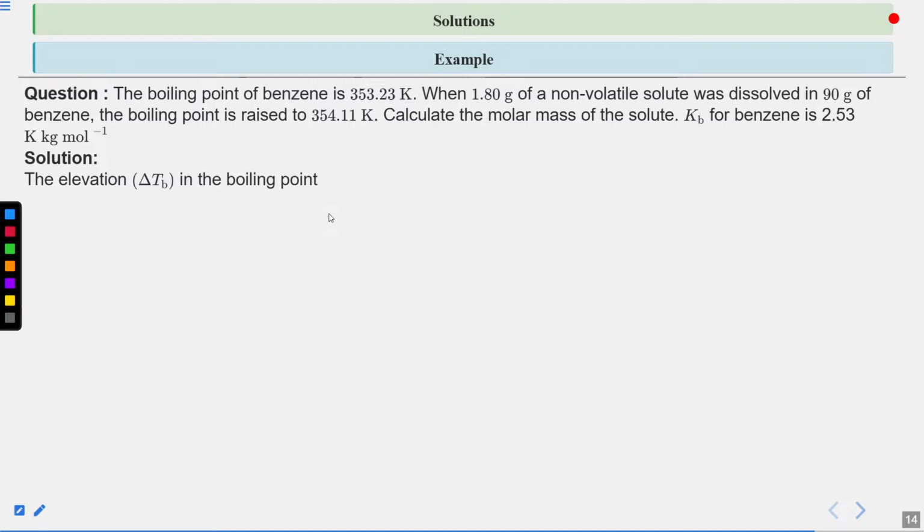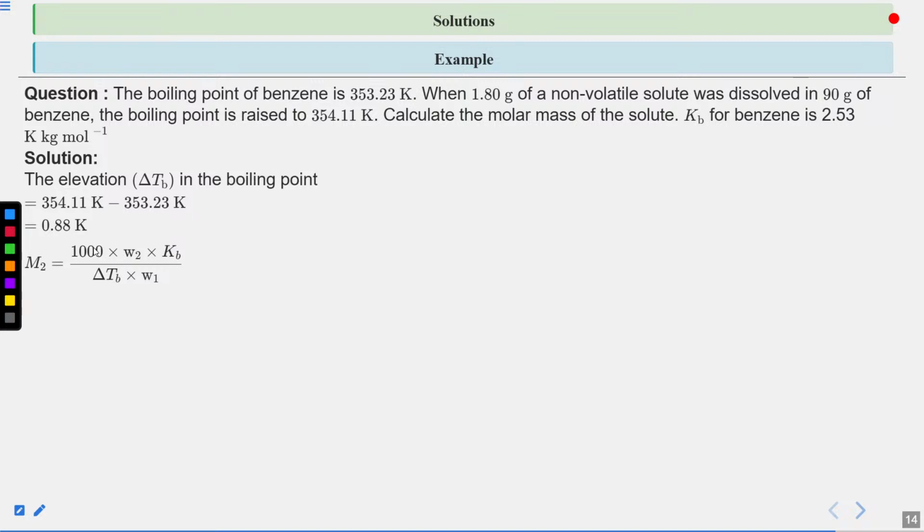For that, we know that the formula for the elevation in boiling point can be written as 354.11 minus 353.23. This is the amount of elevation. 353.23 is the initial one, and 354.11 is the final one. So final minus initial will give you the elevation. It will be 0.88 Kelvin.